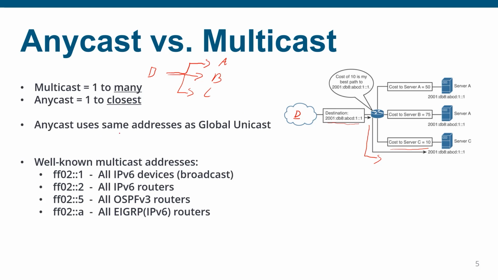It uses the same addresses as the global unicast, so these are global unicast addresses. They're just assigned to multiple devices so that you will be routed appropriately. Consider planet Earth, right? And I'm over here.